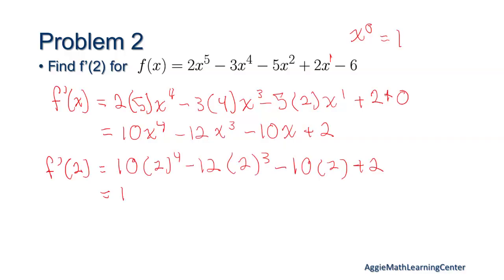Well, it's 16 times 10, 160. Excellent. Okay, 160 minus 2 to the 3rd, 8. What's 8 times 12? 96. Minus 20 plus 2. I did this in advance because I didn't want to do that in my head. It's going to be 46.